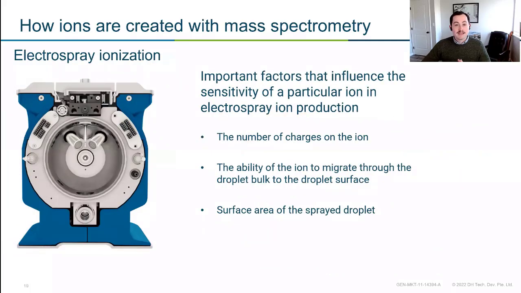But there are some important things to consider, particularly with ESI. We really want to think about our charged state. For some of these larger compounds, you'll notice that they end up in different charge states, so you might end up with a charge state of 10, for example. Then we also want to think about the ability of that spray to move through our mass spectrometer.